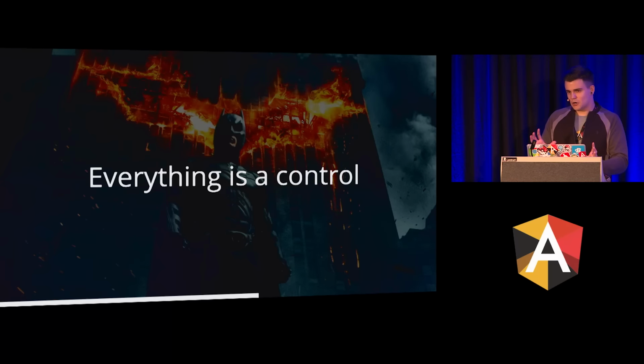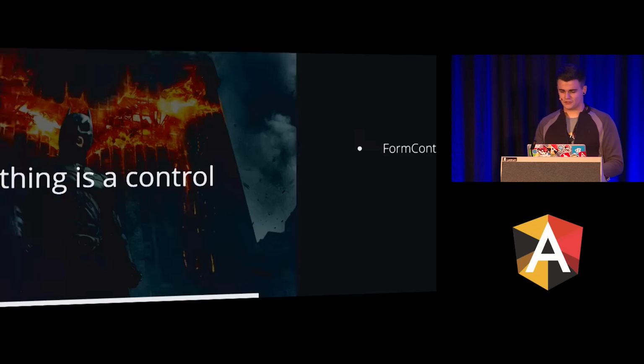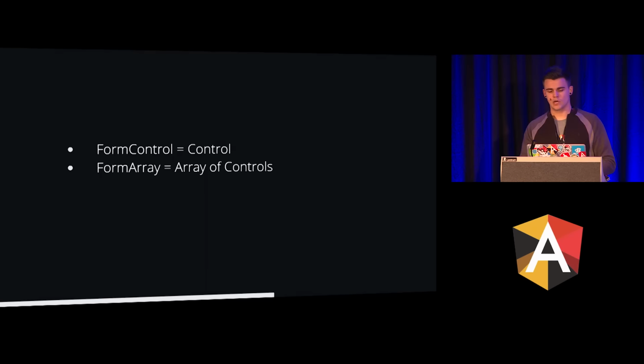Everything is a control, so this will make more sense in a second. A form control is, interestingly enough, a control. So a form control is just like one level of specific thing that you want. So for instance, my name in a box is one control. That's one binding from the form APIs to the HTML. A form array is just a collection. It's just an array of controls.